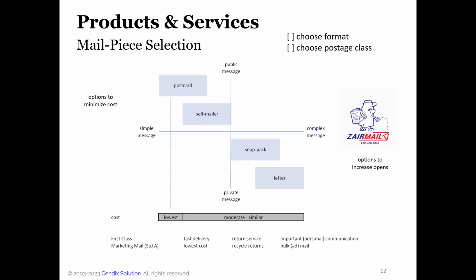But if you're sending out 1 million pieces a week or something along those lines, then that savings makes a big difference. But if I'm sending out 1,000 pieces or 5,000 pieces, that differential in price does not make a huge difference.